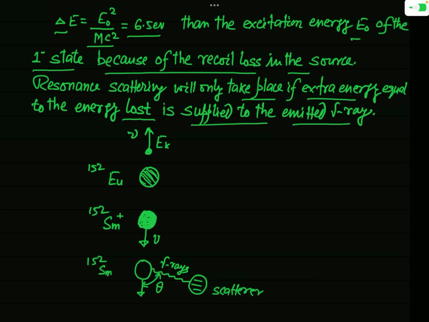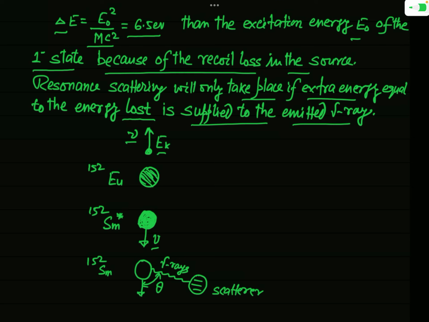You can see I have shown it here that this is your Eu nucleus in its ground state, and from it a neutrino is emitted with energy Ek, and the daughter nucleus is this Sm star, in excited state, and you can see this moves with a velocity v just opposite to this neutrino.